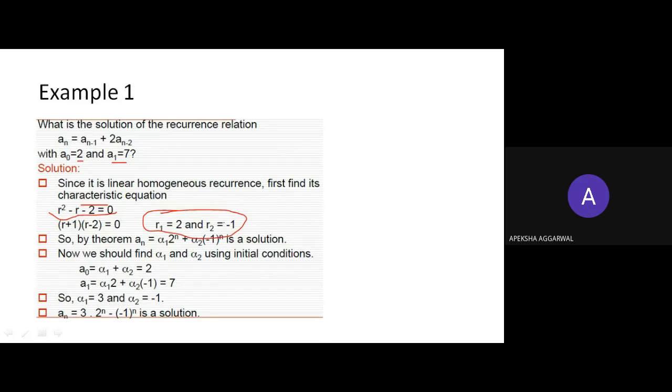By the theorem you know that r to the power n is a solution, that is 2 to the power n and minus 1 to the power n. If you multiply these two with some constants, that is also a solution to the original recurrence.